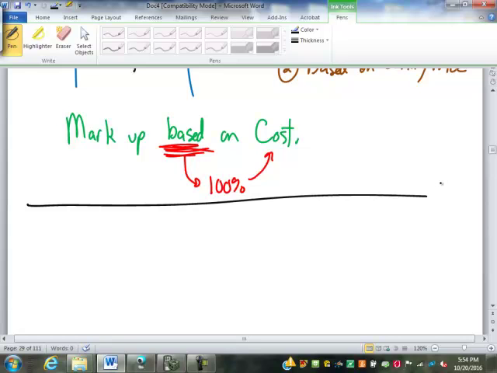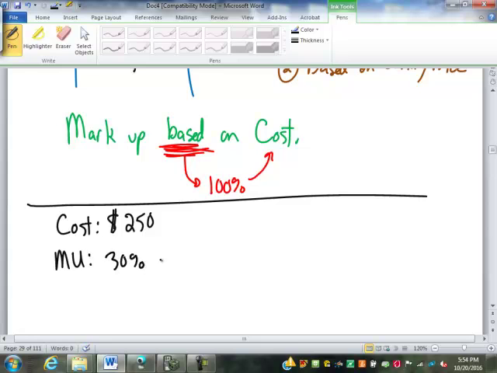So we're going to look at several situations here. You're going to purchase items that cost $250. I'm going to abbreviate markup with just MU. Your markup is 30% on cost.